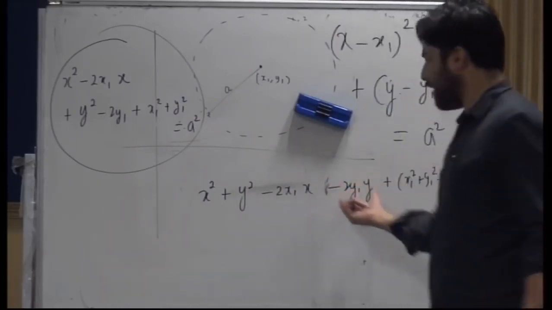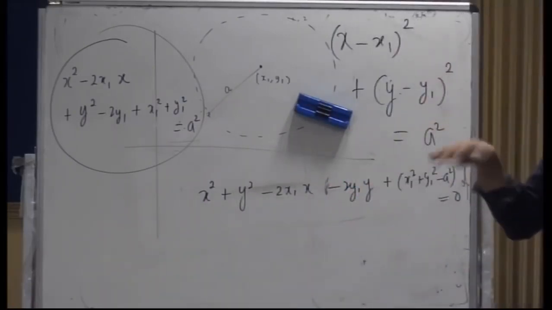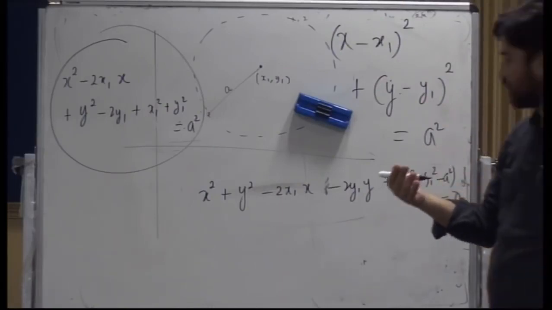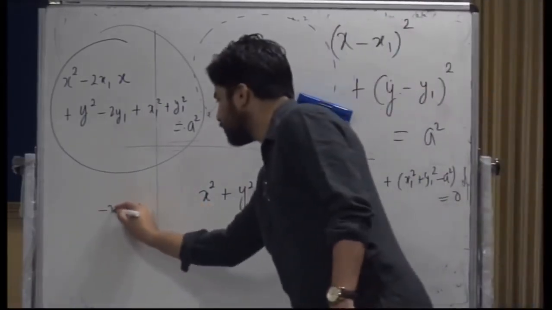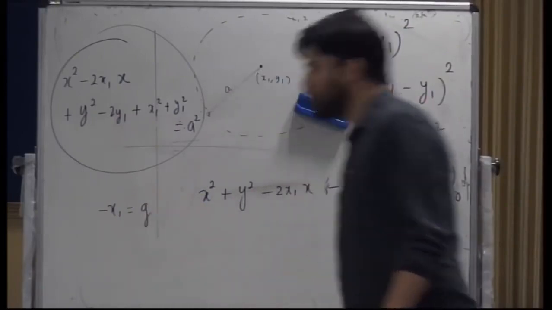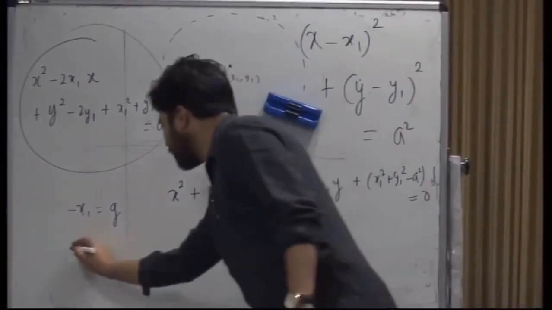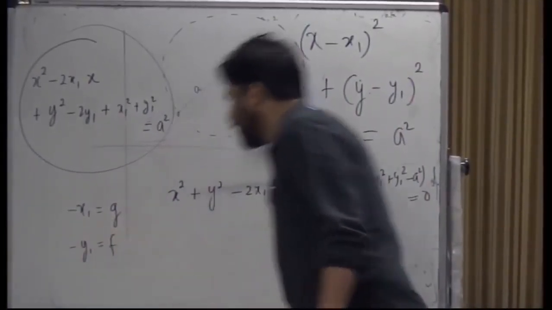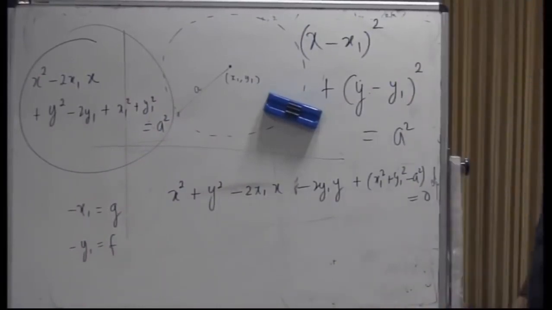Since I don't like minus signs, I am trying to write it in the standard, general form of the equation of a circle. So I'll replace minus x1 by g and minus y1 by f, right?